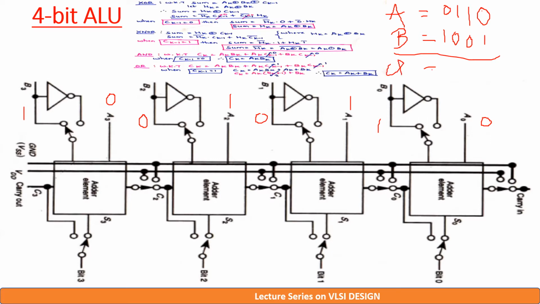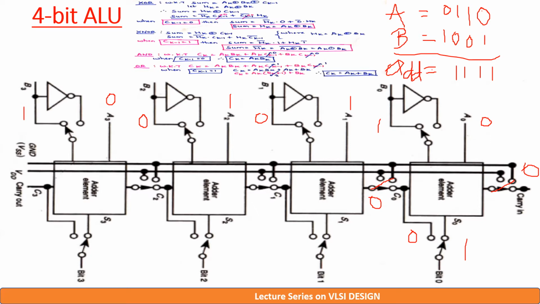So if we add A and B, 0 1 addition 1 0 1 1 0 1 0 1 1 with C out as a 0. So first stage carry input is 0, A0 B1, hence sum is 1 and the carry output is 0.